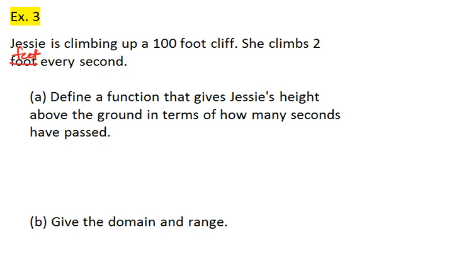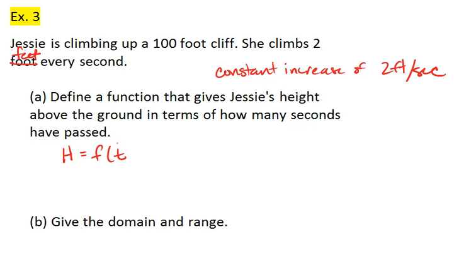Okay, because Jessie climbs 2 feet every second, she is repeatedly adding 2 feet to her height. This is a constant increase of 2 feet per second. For a function, Jessie's height is given in terms of time in seconds.